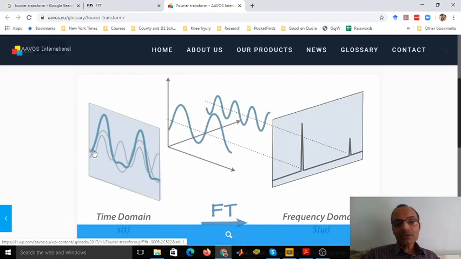Now, suppose that we are having this blue colored signal in time domain. One way is to just say that, okay, in time domain it has two spikes, and in between those two spikes there is a valley here. But then the other way is to transform our viewpoint and say that there are actually just two frequencies which are present in this signal.